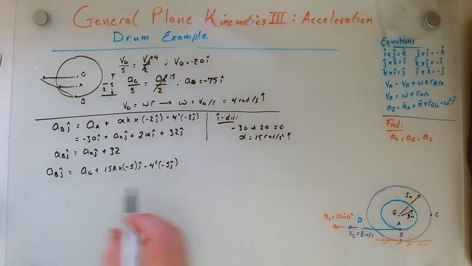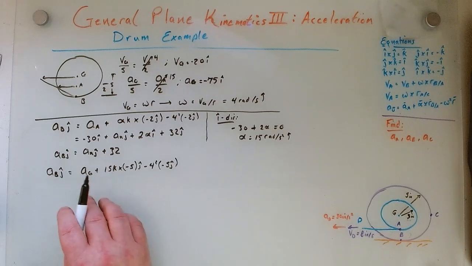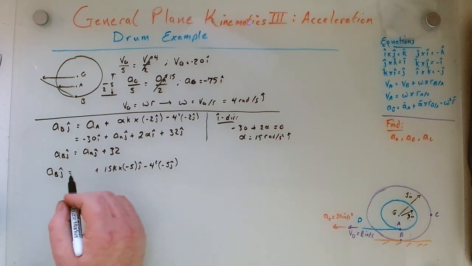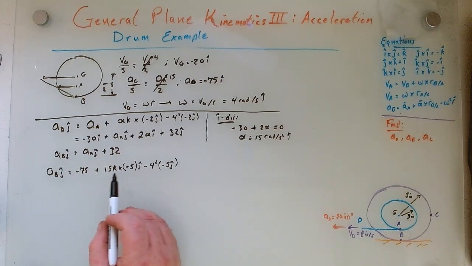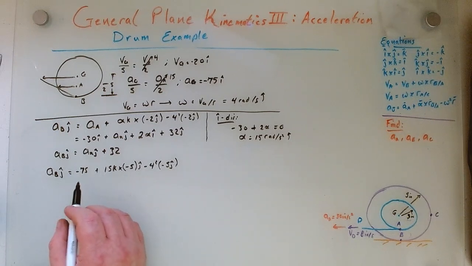Okay, and a sub g, we have that value, so that is minus 75. Let's multiply this out.